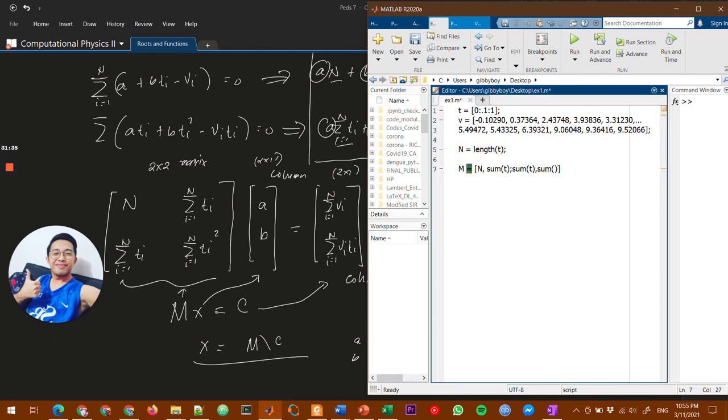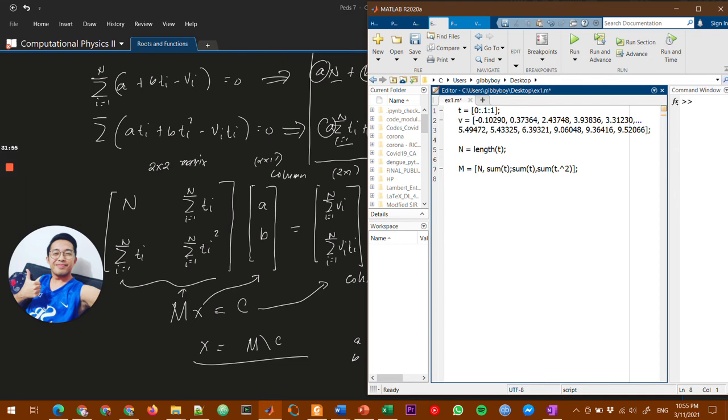So ang imong t is matrix man na siya or row vector. So kailangan siya mag-element wise, meaning square kada usa before nimo siya isum. So you have t dot square, right? So that's your matrix M.